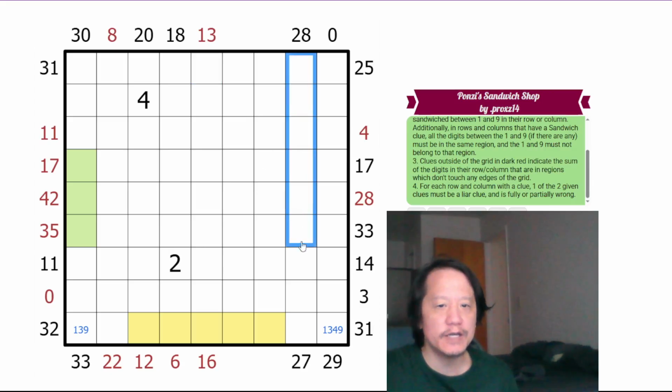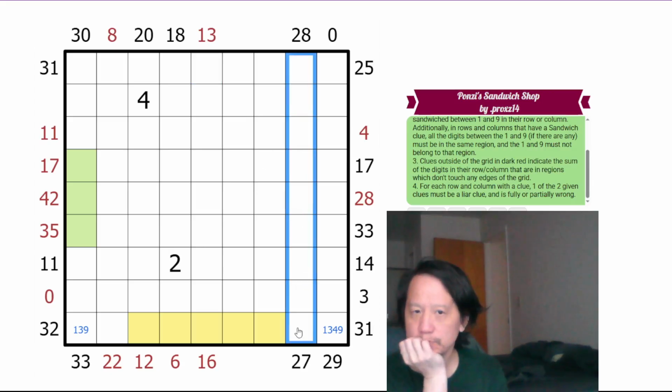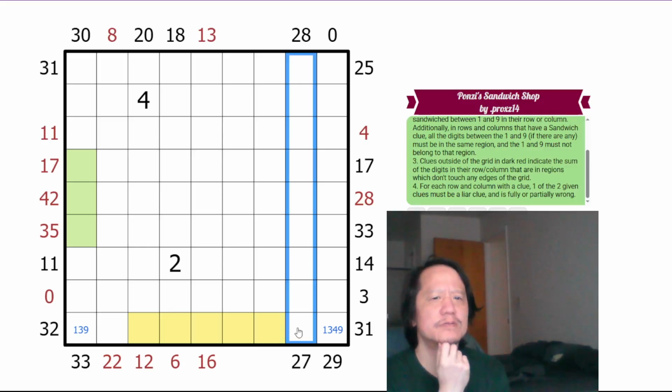For 28 and 27, I think it's something similar, right? 35 minus 28 is 7, so that could be 2 digits.